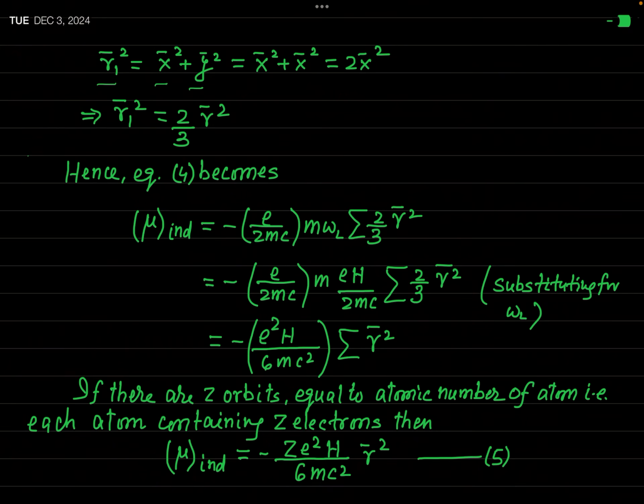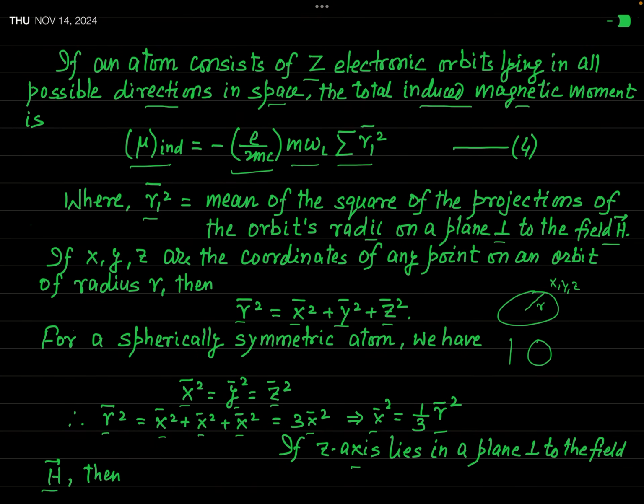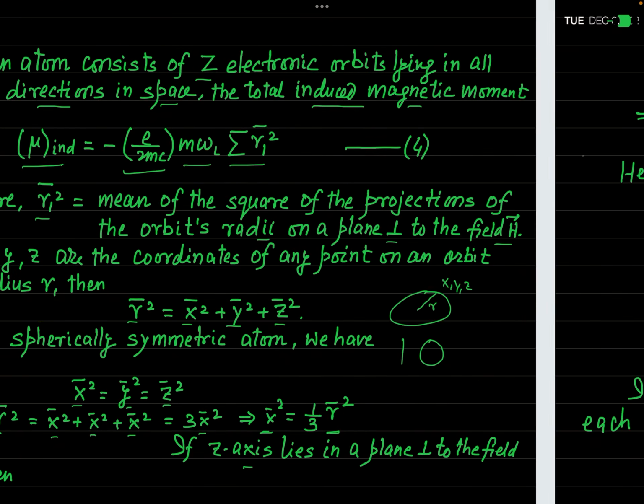But in case of a spherically symmetric atom, y is equal to x, so this will be x square bar plus x square bar, that is 2 x square bar, and therefore R1 square bar is equal to 2 by 3 r square bar, because x square bar is equal to 1 by 3 r square bar.